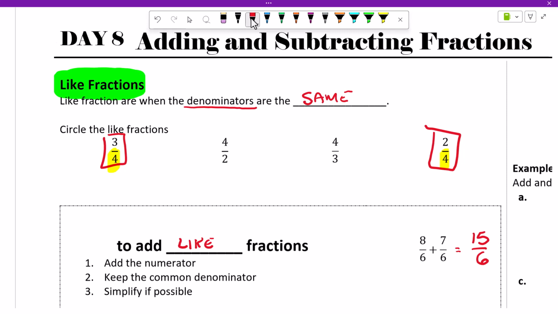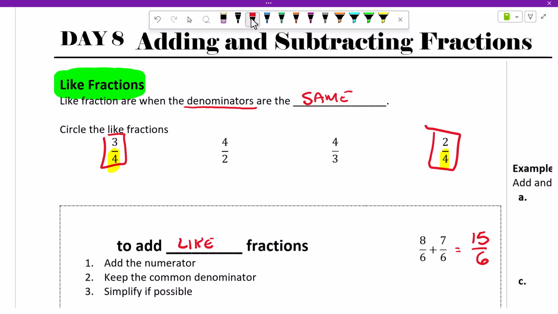Now, we're on day 8 notes. Last time, I said there's one extra step we didn't really talk about. With adding and subtracting fractions, once you have your answer, we look at our final answer and ask, can we make this fraction smaller?